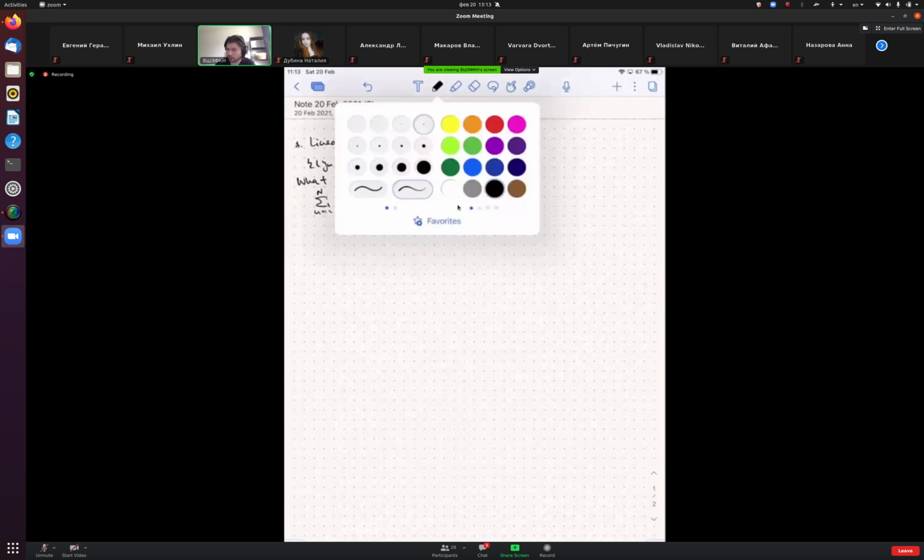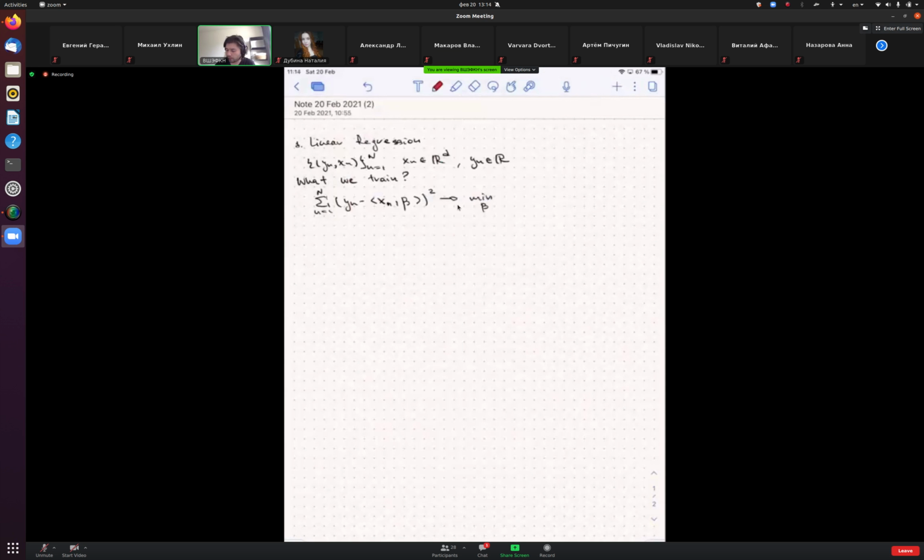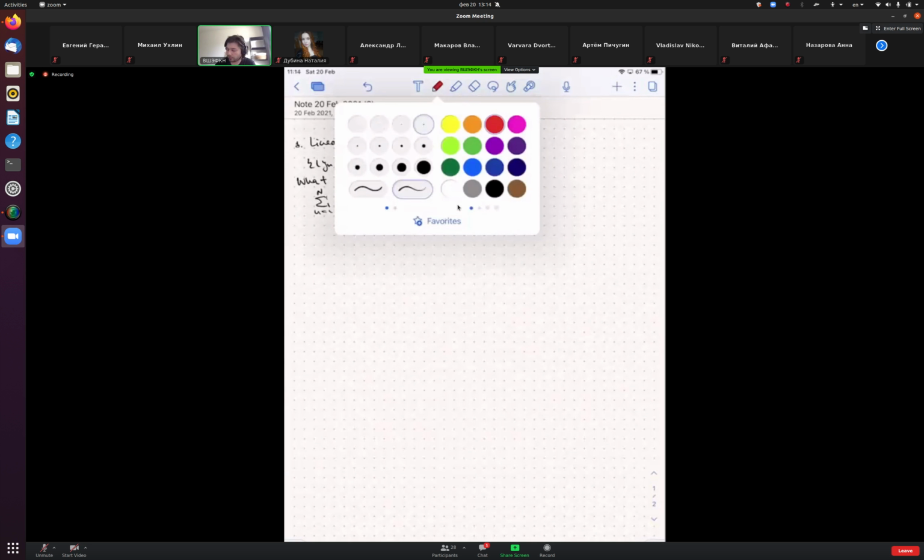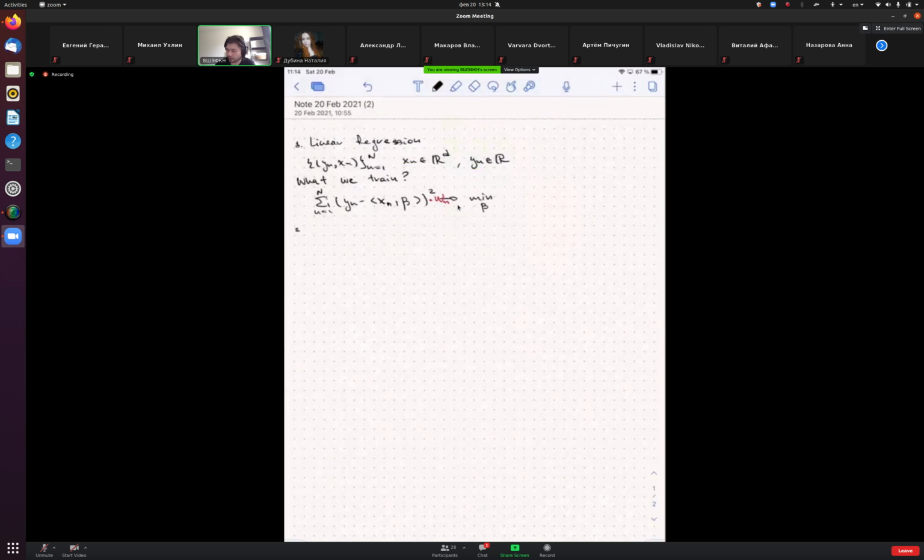Okay, in some sense, we could develop it further and say, for each observation, we could modify our loss. So could we find some statistical interpretation of this procedure, some statistical model of this, but with the same optimization problem?